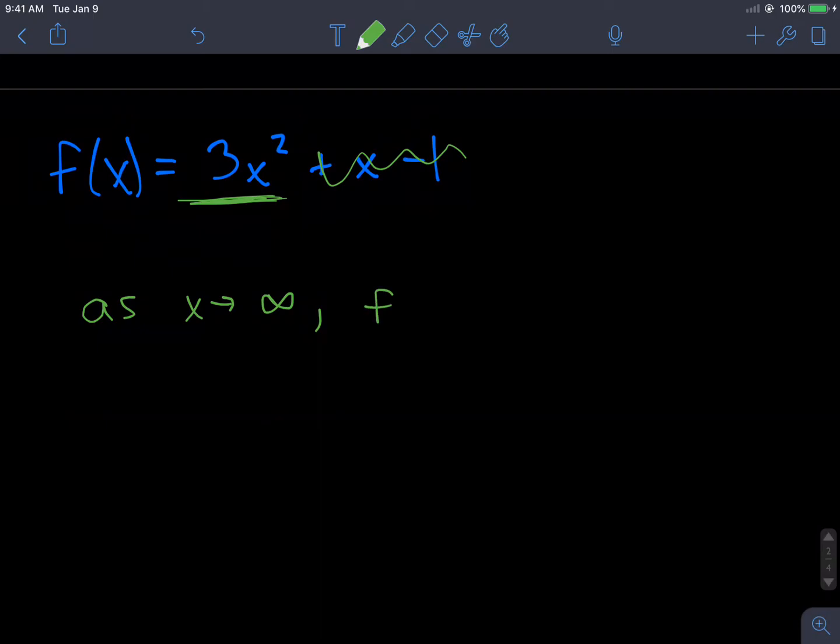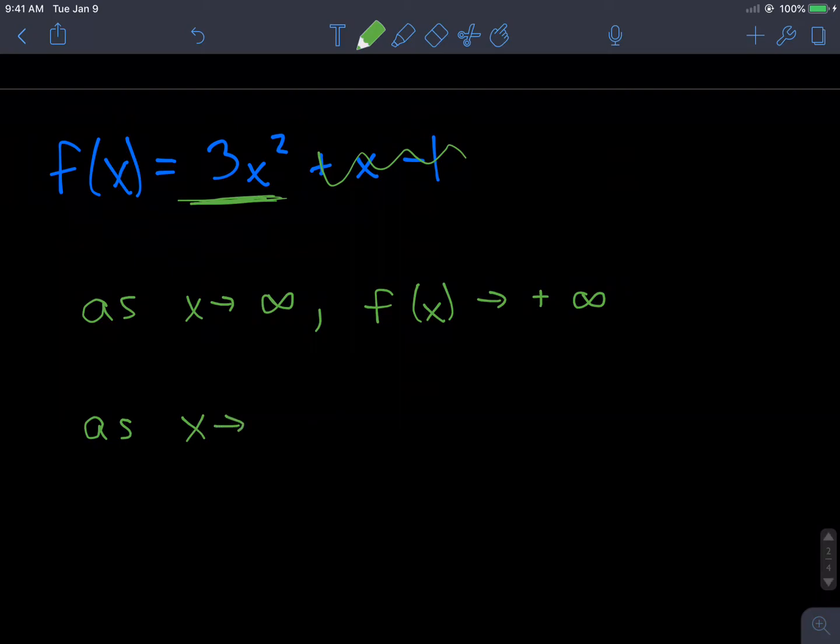So as x goes towards positive infinity, f of x is going towards positive infinity. I guess whether you put the positive there or not doesn't make a huge difference. The one that will matter is if you want negative infinity, you have to include that negative sign. Okay.